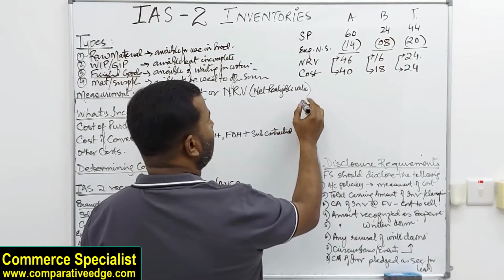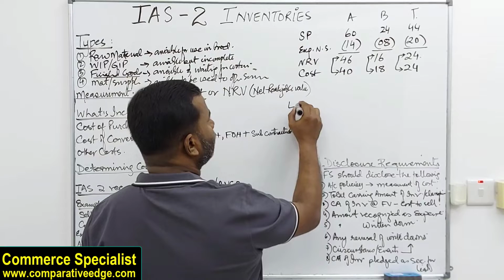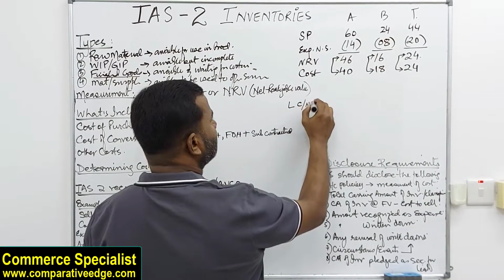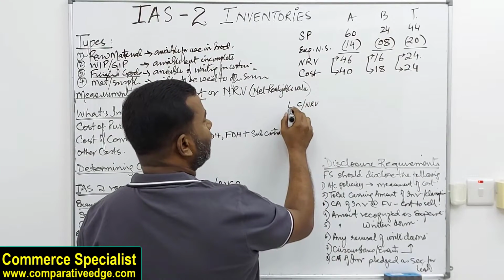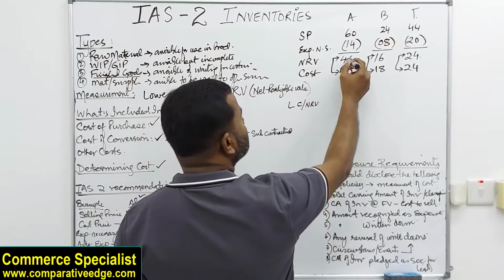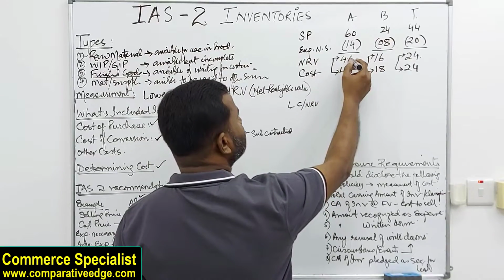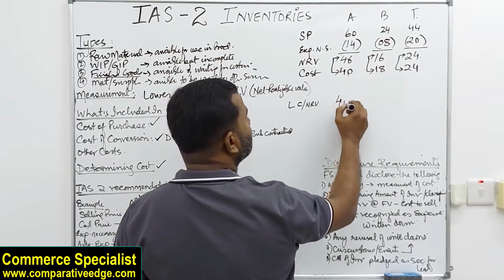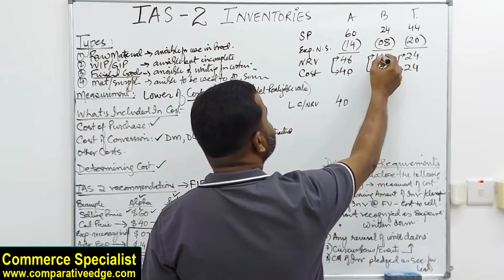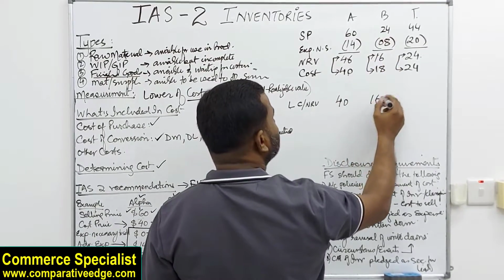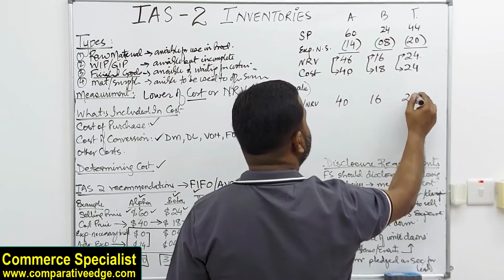So here I write lower of cost or NRV. Cost is 40, NRV is 46. Which is lower? 40. Cost is 18, NRV is 16. Which is lower? NRV. These are both the same, so I can take any.